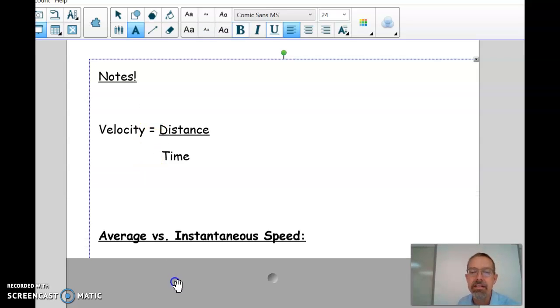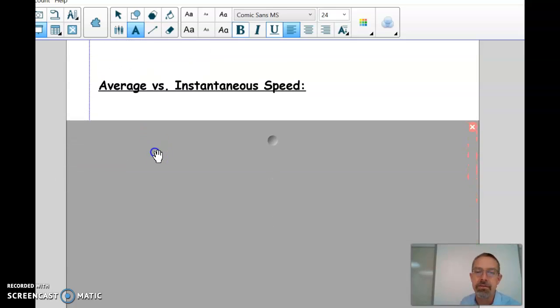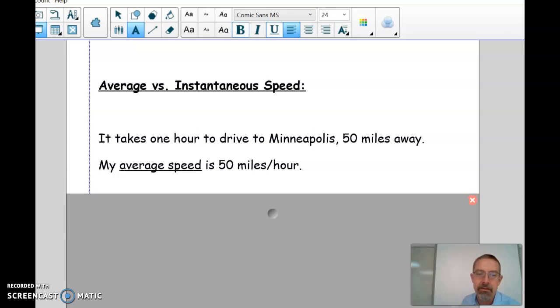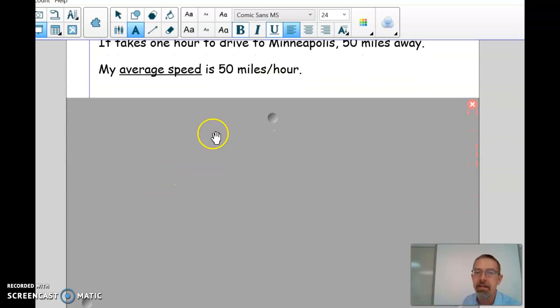So let's say I take 1 hour to drive to Minneapolis, and that's 50 miles away. I drove 50 miles in 1 hour. My average speed is 50 miles per hour because that's a distance divided by a time. Now, again, I'm cheating, calling that velocity for now, and you'll see why in a second.